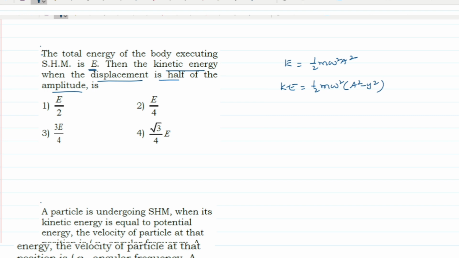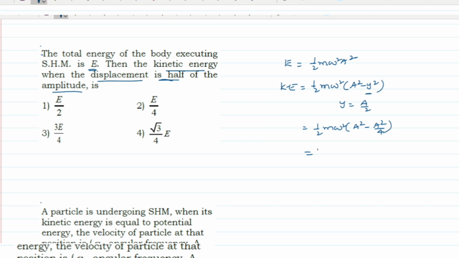Kinetic energy when the displacement is half of the amplitude. So here the displacement is half of the amplitude, and they are asking what the kinetic energy is. Now take half into m omega square into (a square minus y square), where y square is a square by 4. Now just simplify this.